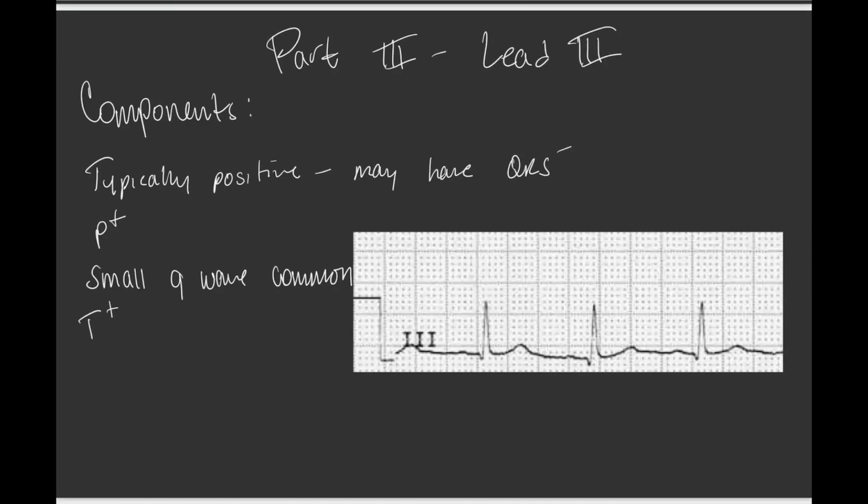So in this complex, we have that positive P wave. We have this tiny Q wave, dominant R wave, which gives us again that QR complex. And we have a positive T wave. But again, it's not terribly uncommon, instead of a QR complex, to sometimes see a QS complex in lead 3.